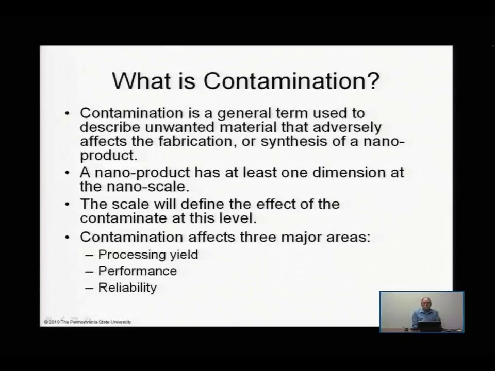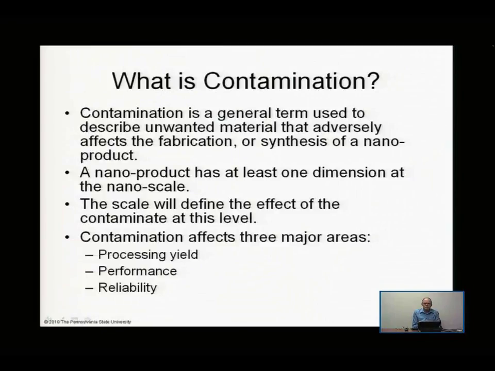And of course, just to remind ourselves of what we mean by nano product, let's remember that we're talking about something, whether it's a transistor, a sensor, whatever it is, that has at least one dimension in a nanoscale. And scale defines the effects of contaminants.